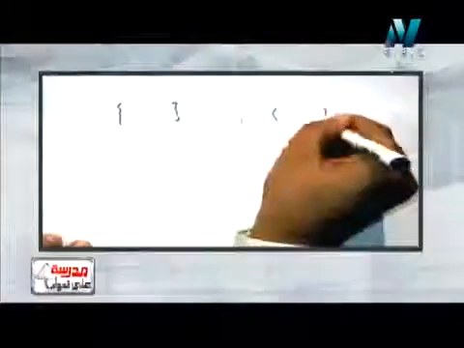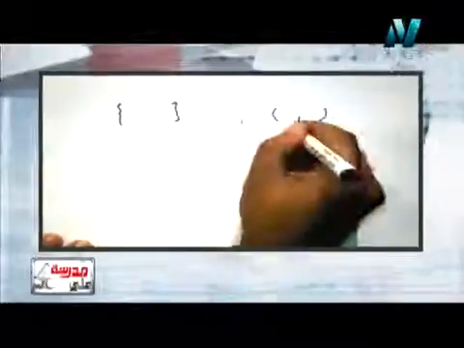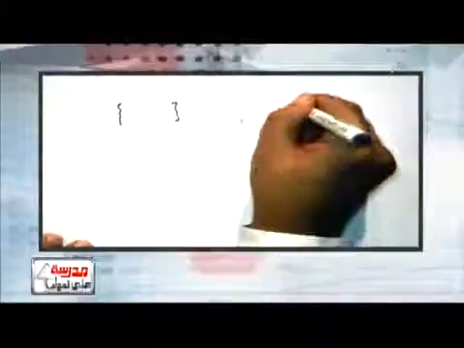We can put here what is the difference between an ordered pair and a set. As we said before, a set is written in braces, and we can put many numbers between these braces like 2, 3, 4, and an infinite number of elements. While the ordered pair is a collection of two numbers only. The first number usually represents x.